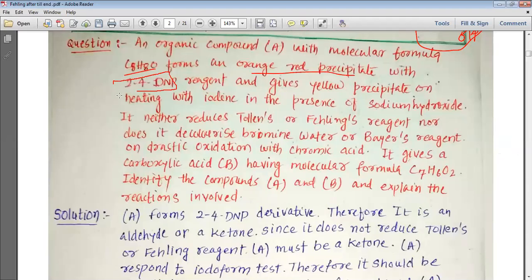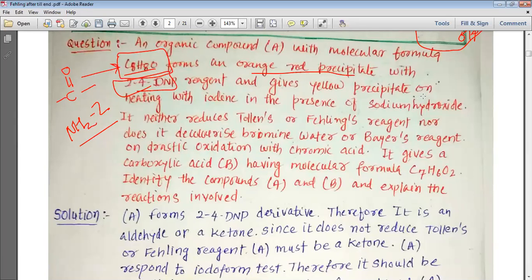We have already studied that compounds containing a carbonyl group, when they undergo reaction with NH2Z, that means derivatives of ammonia or ammonia itself, give orange-red precipitates with 2,4-DNP. That means this compound C8H8O contains at least one carbonyl group.